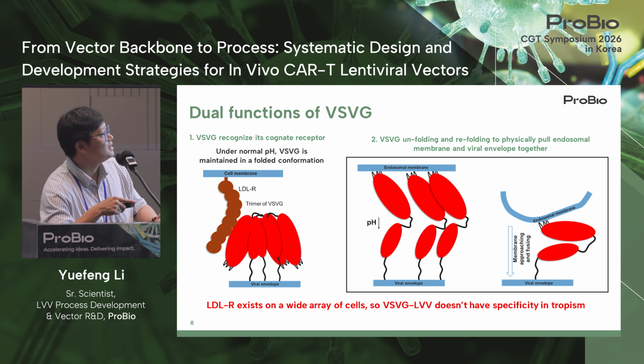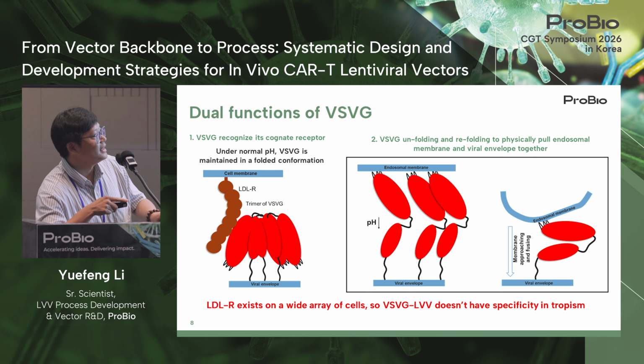After the pH decrease, as we can see, each monomer of the VSVG will be unfolded, and then this arm here will be inserted into the endosomal membrane, and then the VSVG will refold itself, and physically pull the endosomal membrane closer to the viral envelope. When they are close enough, the membrane fusion will take place.